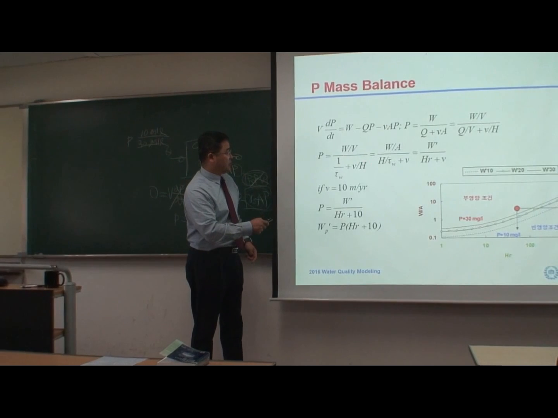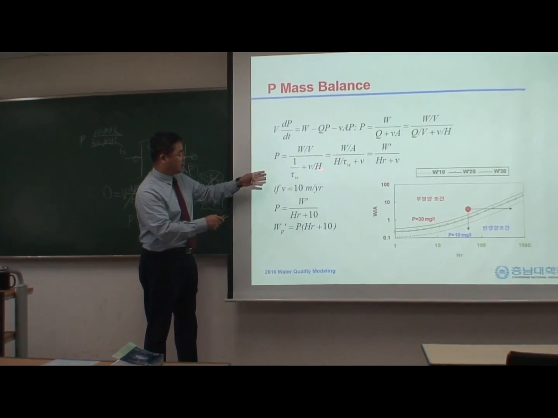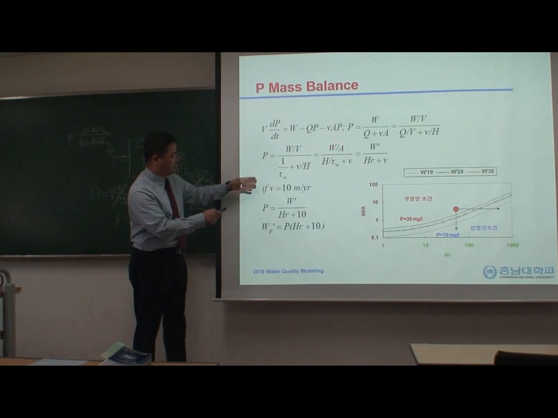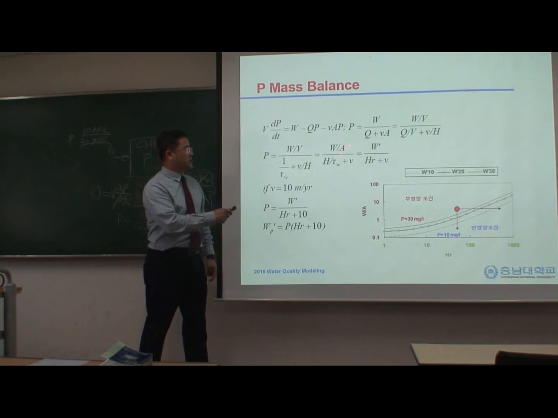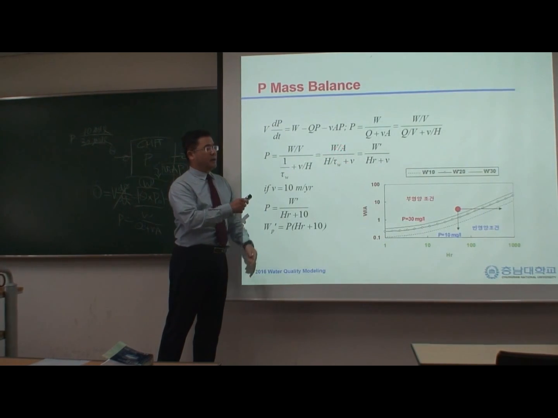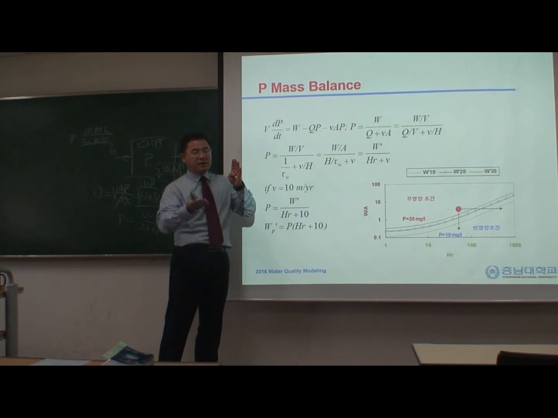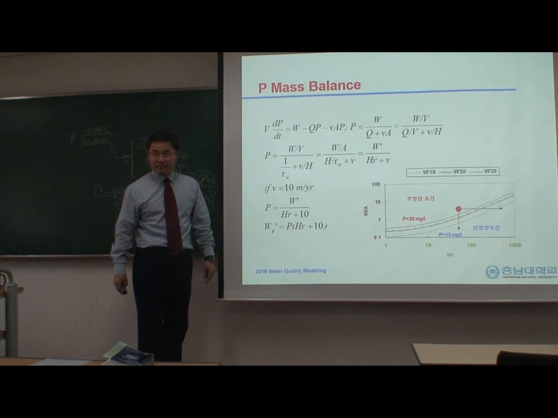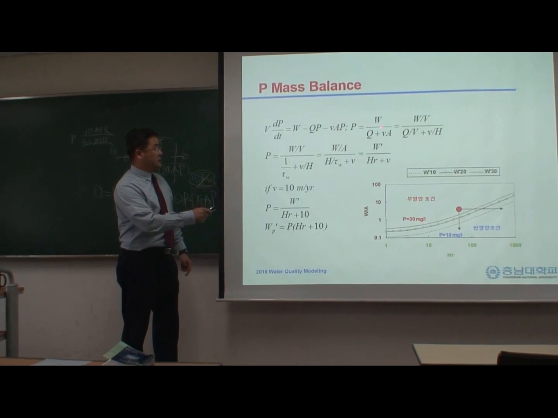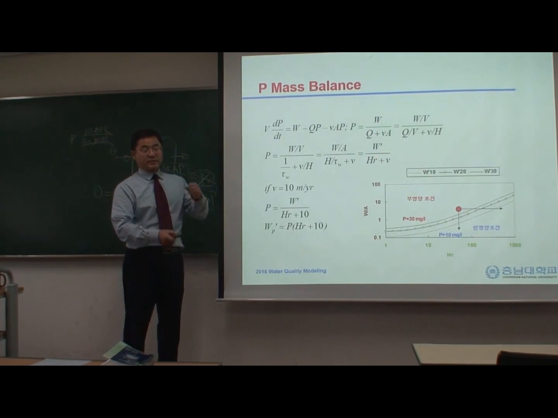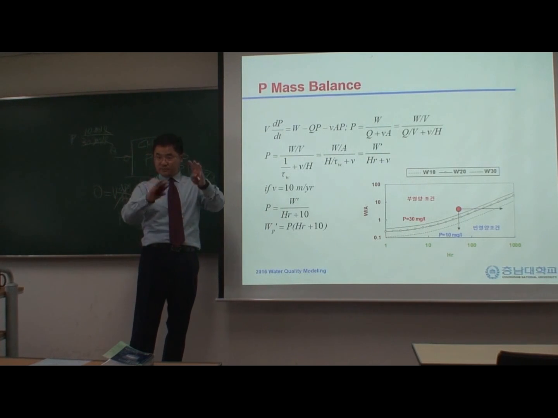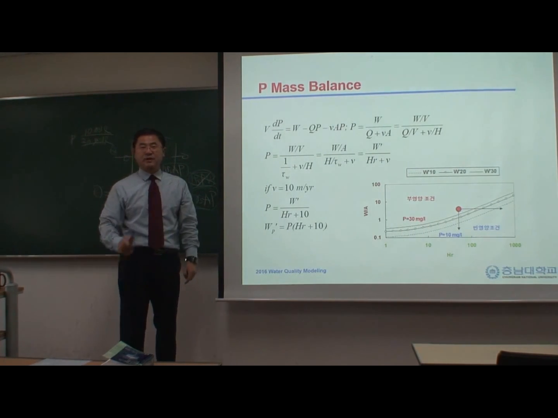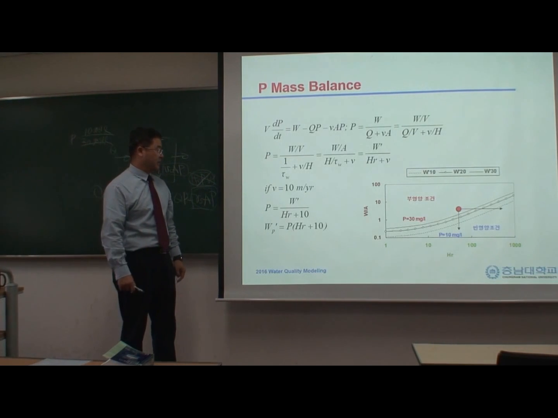And then we can just multiply everything by H. Then we have this form. And then we can say the loading rate per area of the lake is W prime. So this and that, those are exactly the same, and we just change the form of the equation for our own interest.